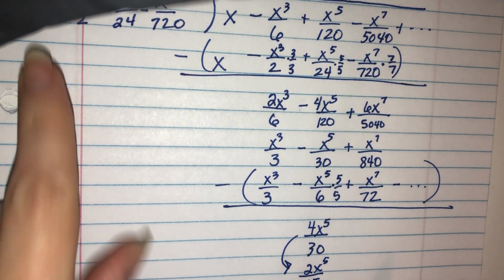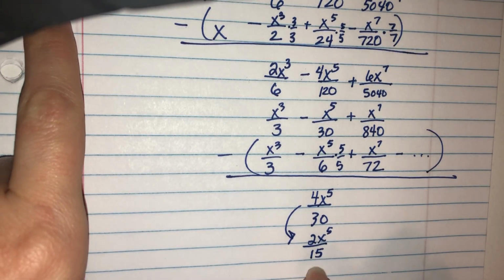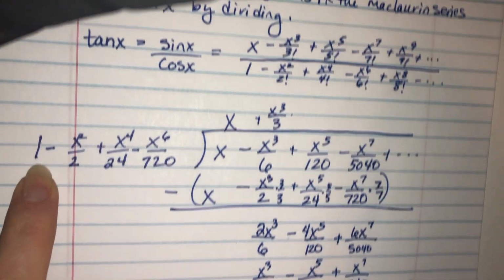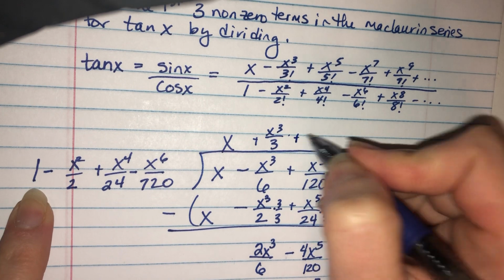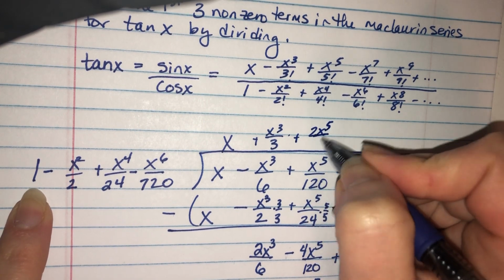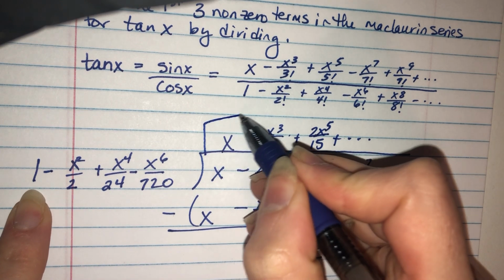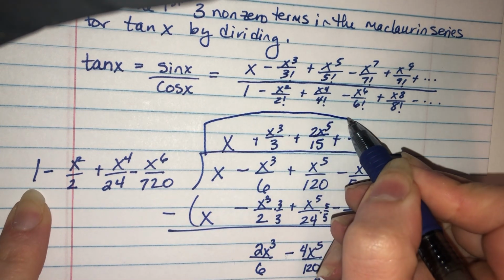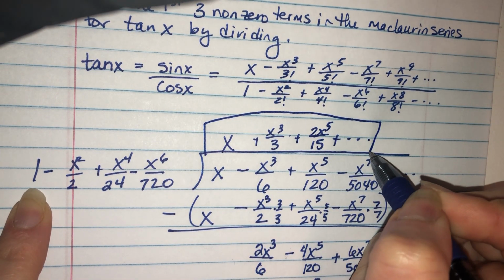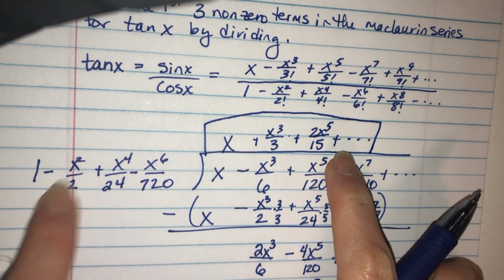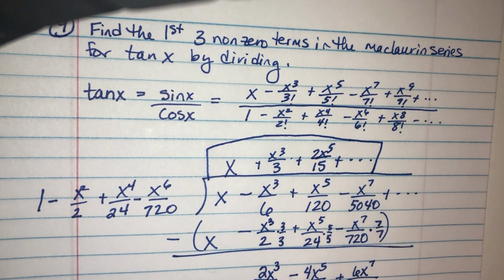So then I ask myself, what would I multiply 1 by to give me 2x to the 5th over 15? 2x to the 5th over 15. And I have the first 3 non-zero terms in the Maclaurin series representing the tangent of x. And that is the end.